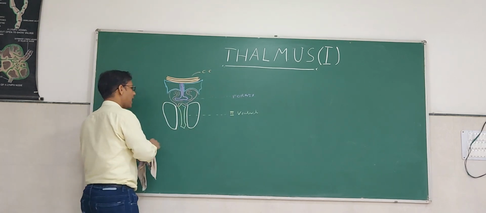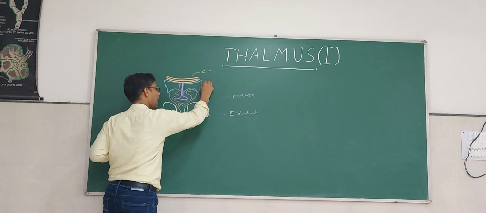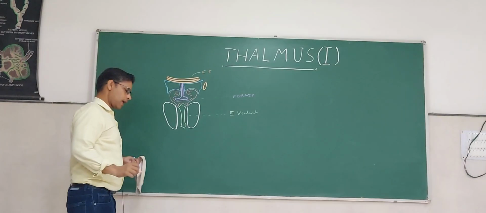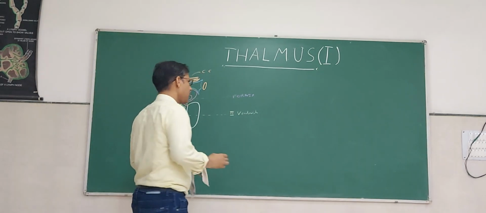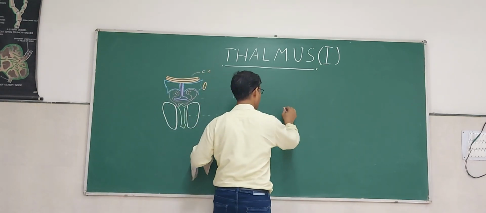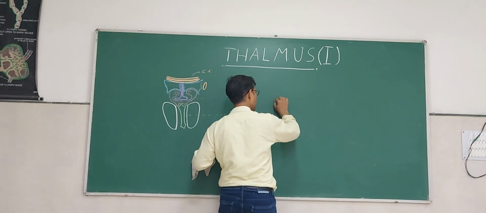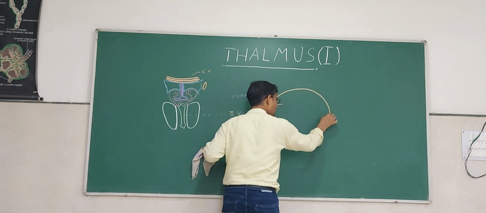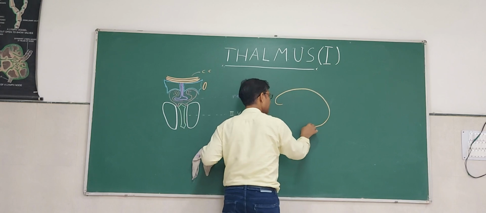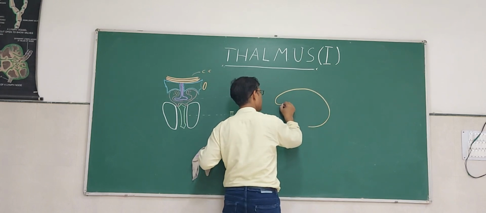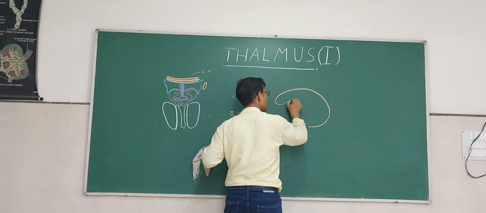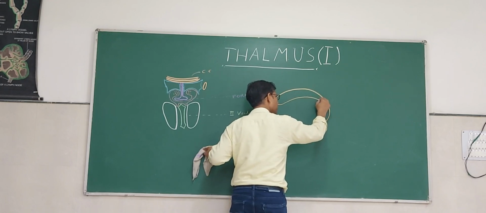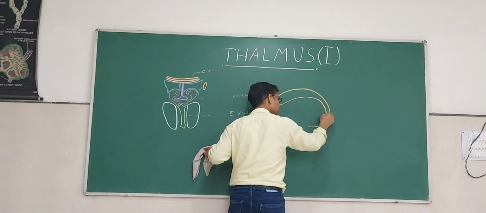By the side of the lateral ventricle is one large nucleus, the caudate nucleus, and to support this I want to draw another diagram. There is the C-shaped caudate nucleus, having a head, body, tail, and a rounded pulvinar part.